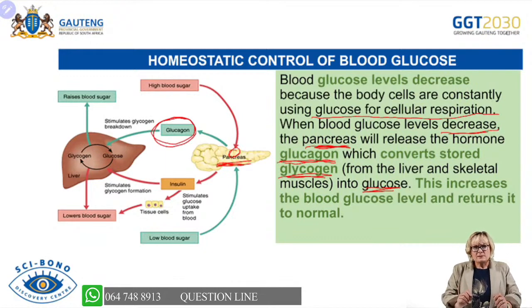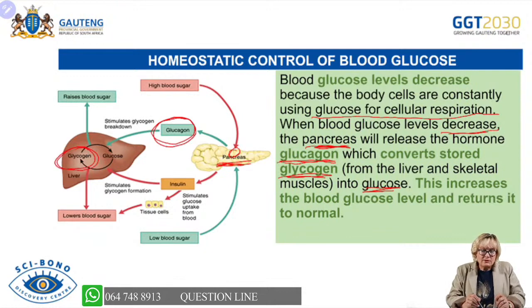A name that you must remember and must spell correctly: glucagon. What does glucagon do? Glucagon goes to the liver, and in the liver, remember, there is stored glycogen. That glycogen that we stored there because of the food that we ate earlier will be converted back to glucose. And if glucose is being put into the bloodstream, we will definitely see our blood sugar levels going up.